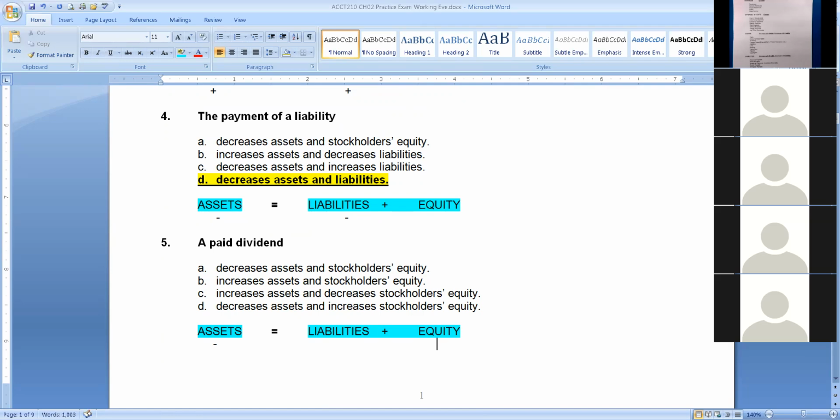Yep. So the dividends will reduce the retained earnings, and retained earnings will be in the equity side. So which one is it? Is it A? Yeah, it is A, right? Decrease assets. Yep.